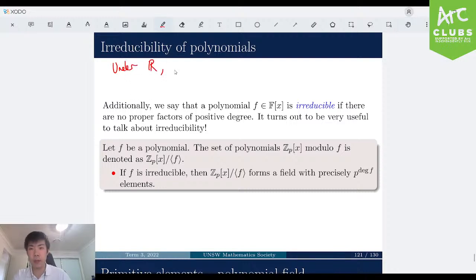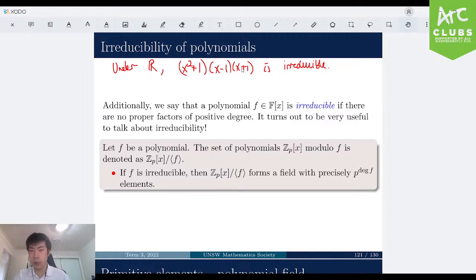Back in high school, you may have learned, for example, once you get up to here, this is irreducible. Why is this irreducible? Well, that's because I've already factorized this as much as I could under the reals.